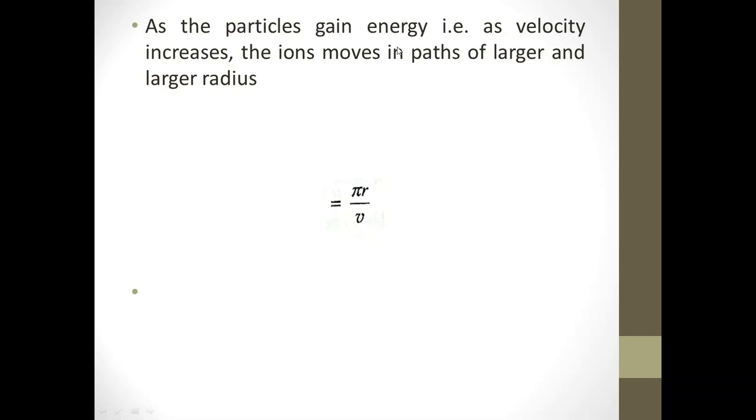So as the particles gain energy, that is, as velocity increases, the ions move in paths of larger and larger radius, obviously. So the path of the ions in the Dees is a spiral of semicircular arcs, spiraling round with increasing radii.